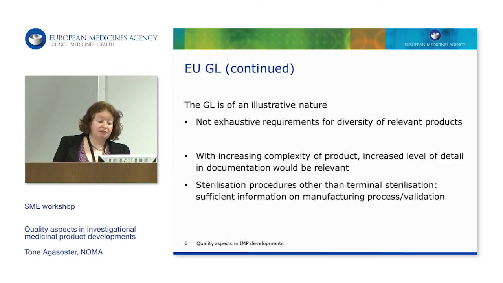And for sterile products, with sterilization procedures other than terminal sterilization, sufficient information on the manufacturing process and its validation needs to be provided. So sterility assurance is important also at this stage.